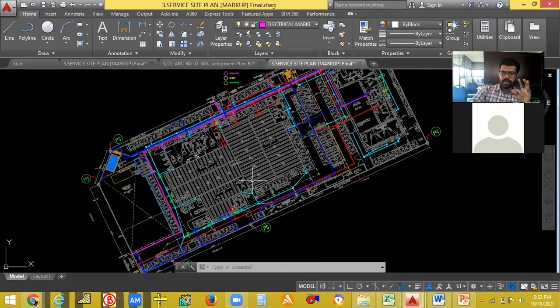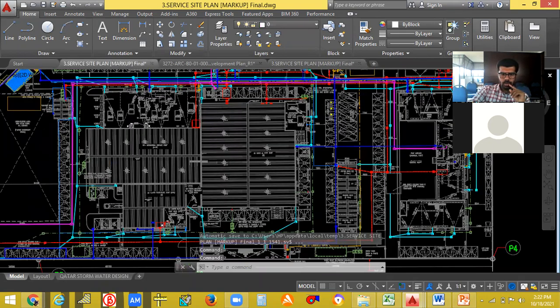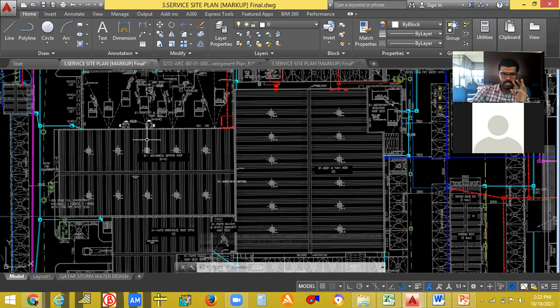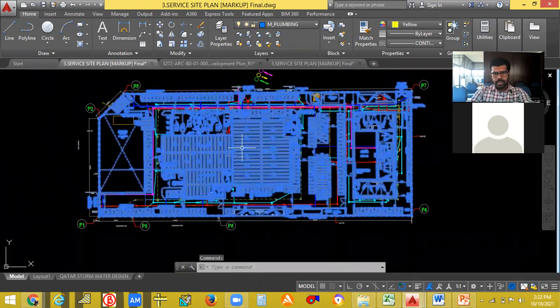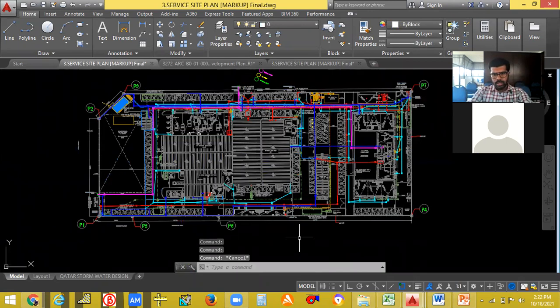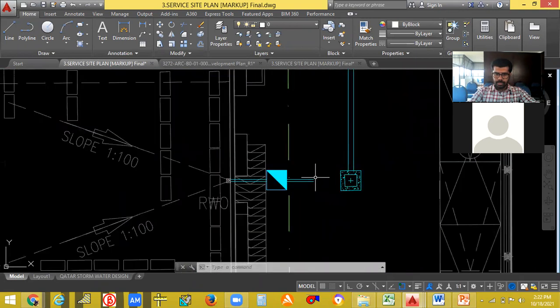It's a big Toyota showroom, and the body paint roof. These are their architectural drawings. In their architectural drawing, my job was to draw the rainwater drainage drawing. So you can see here.